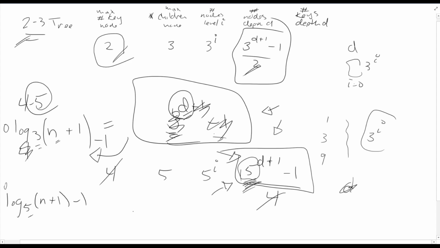But let me just finish here by saying that say we were actually using a B tree and our order was much higher. Let's say 128. I just picked that kind of randomly. Then this value here, 129, is going to actually be the m-ary tree that we have.